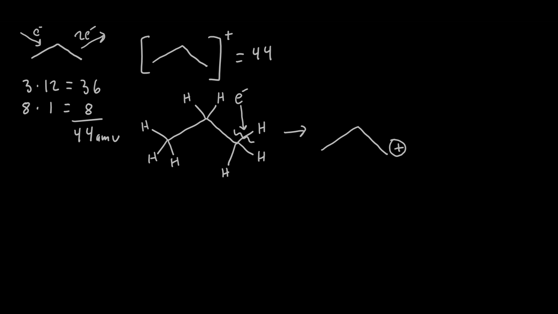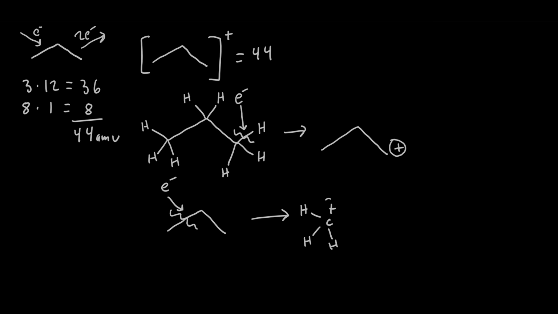But if it can break a carbon-hydrogen bond, it could probably also break a carbon-carbon bond. So if we have our propane and our electron comes in, let's say it attacks the carbon-carbon bond. We would have a carbon with 3 hydrogens and a positive charge if we split the carbon-carbon bond here.